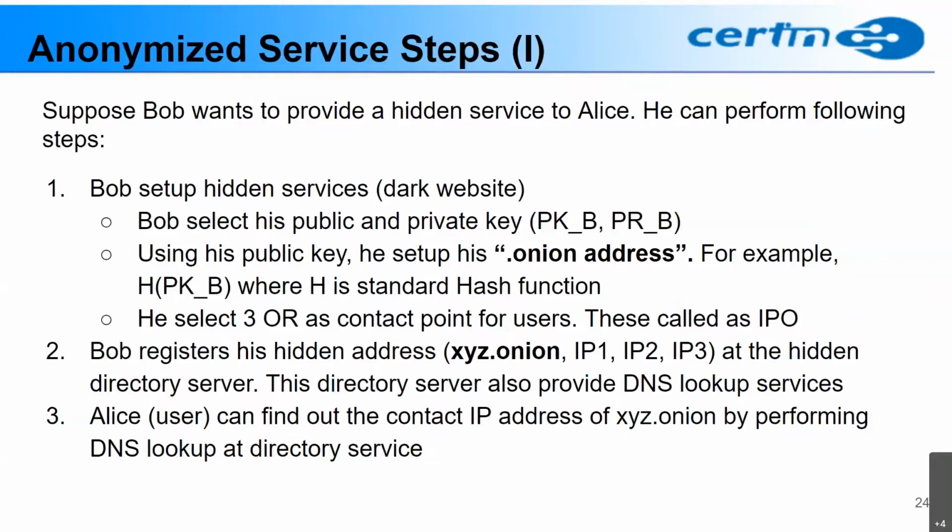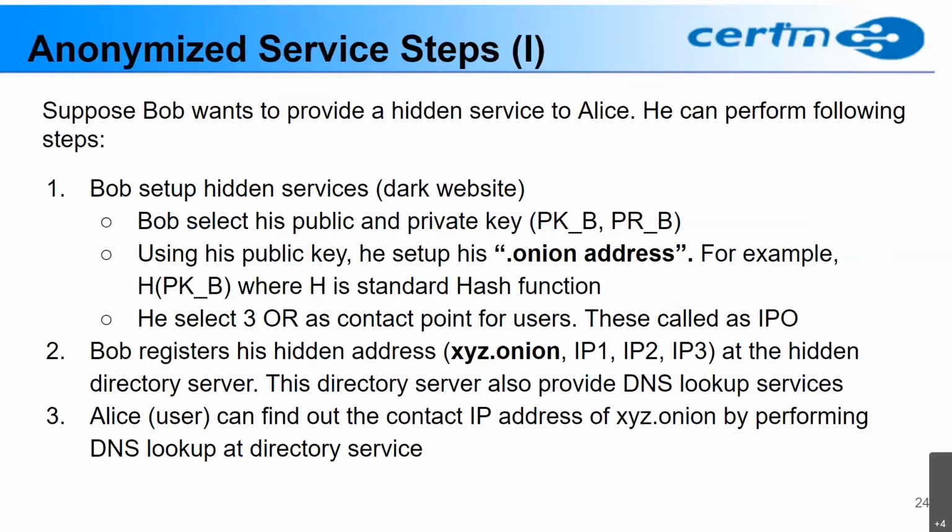When we want to access some hidden service, we send a request to the directory server saying I want to access xyz.onion, please provide the IP list of this service.